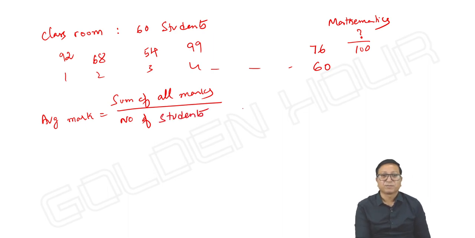Is it not so? Or sum of the students we write it. If it is discrete, we write sum of marks by the number of students. If it is discrete, this is what we do.